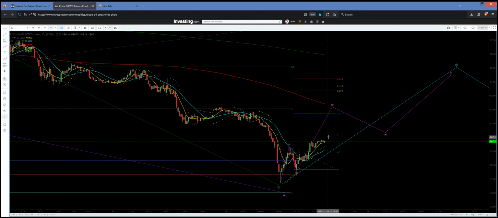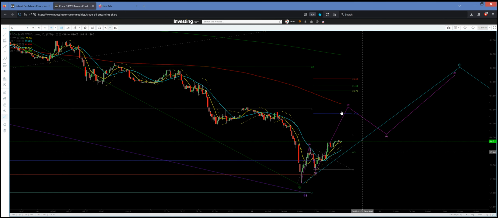I anticipate it to gap up around here someplace and probably do a retrace back, possibly close this gap, and then continue on to finish wave 5 in elongated form.